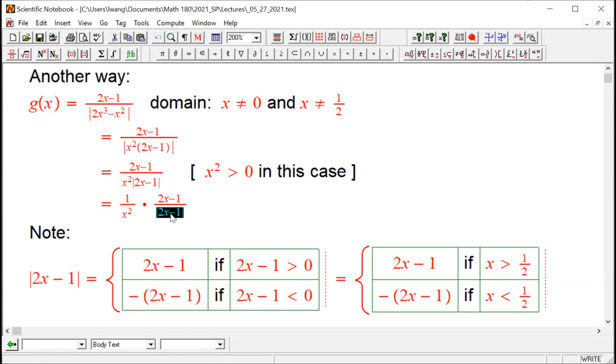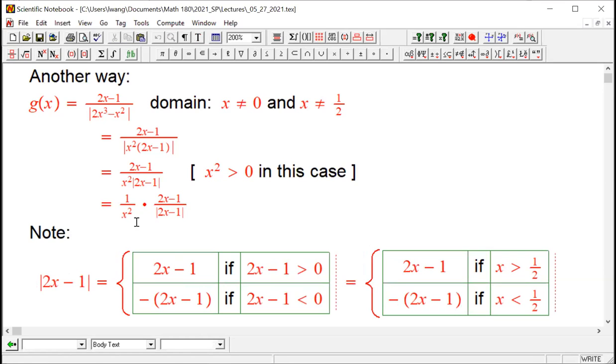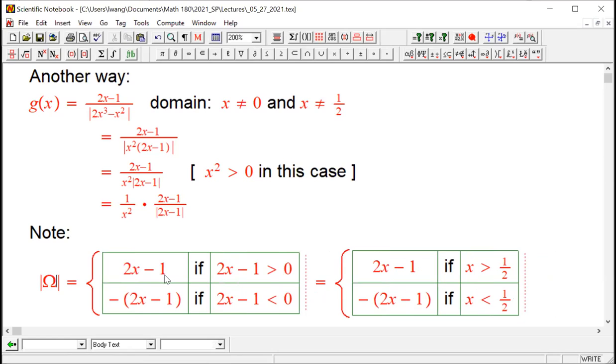So now the absolute value in the denominator. Wait, you know what? I should keep it simple. Never mind. Go back, I'm sorry. I want to keep it simple.